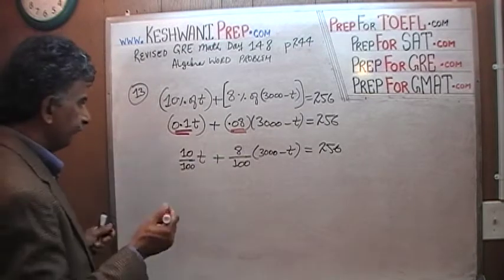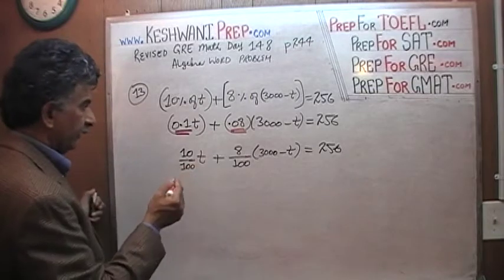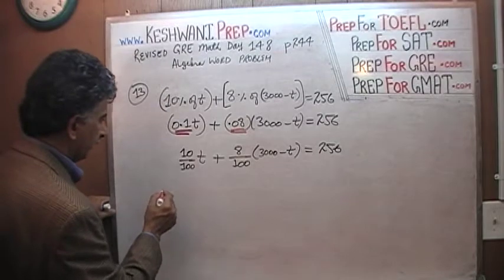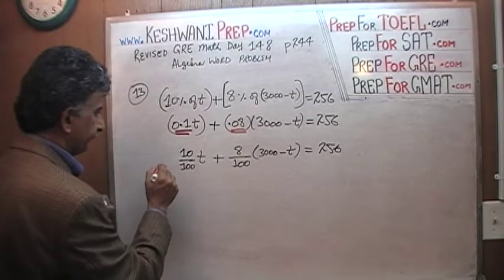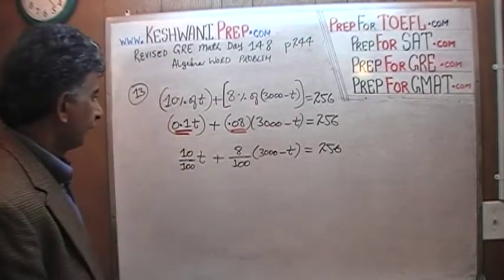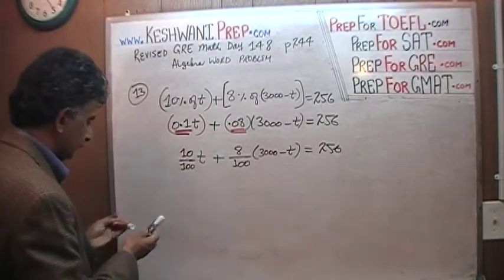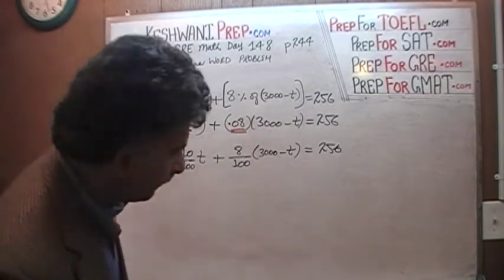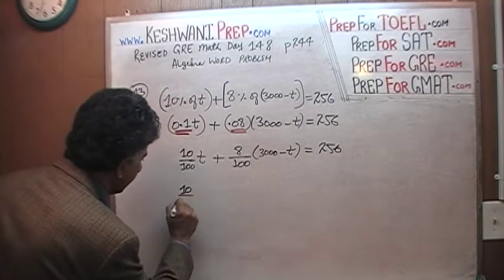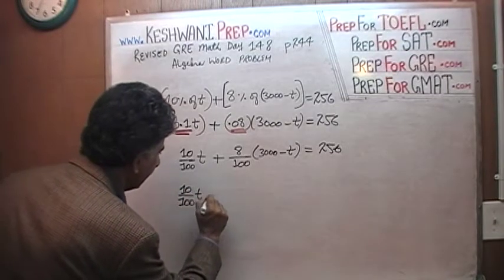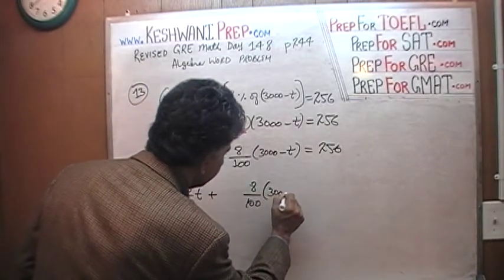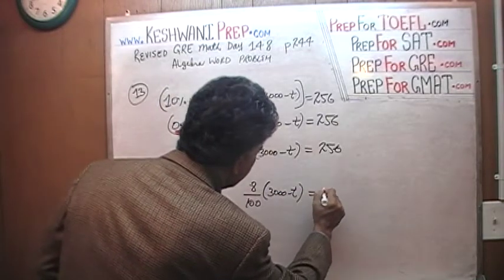Watch what happens. If we multiply the whole equation by 100, we end up with 10 over 100 T, 8 over 100 times 3000 minus T, and 256.